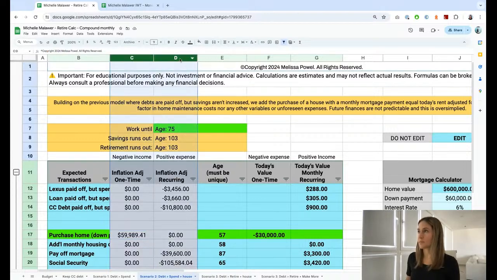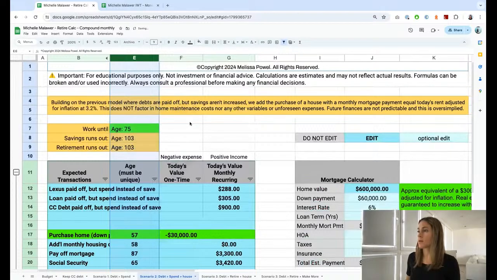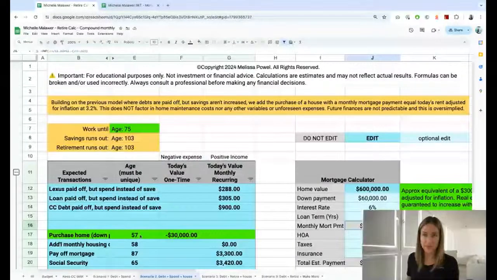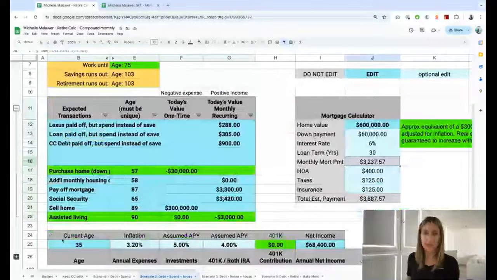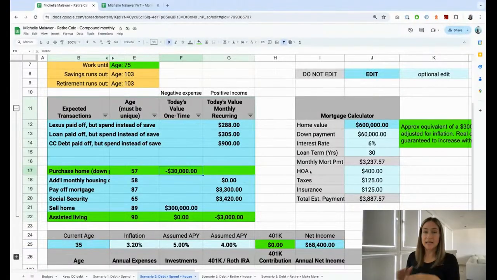Meaning $2,000, $2,200, probably going to be closer to $3,200 if this person is 35. Does that make sense? Okay. And that's the equivalent of their rent at that time.